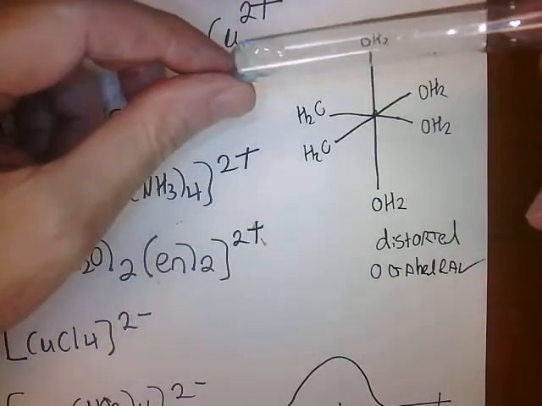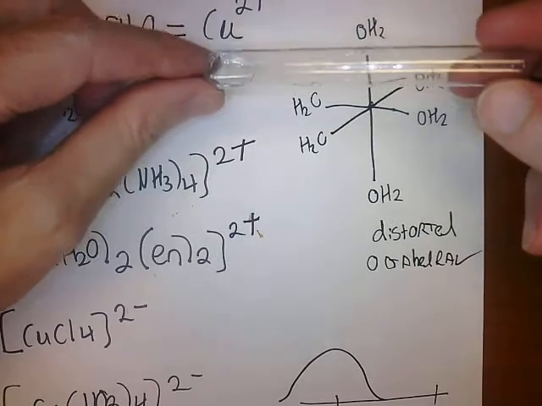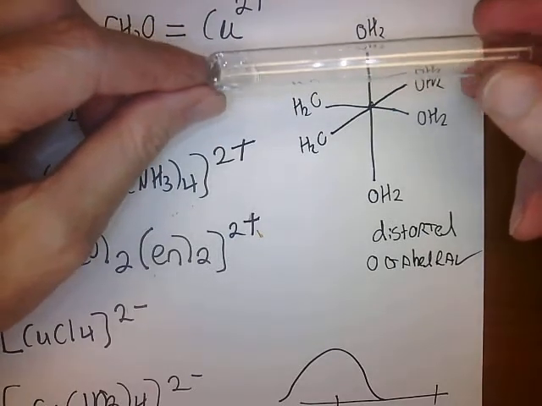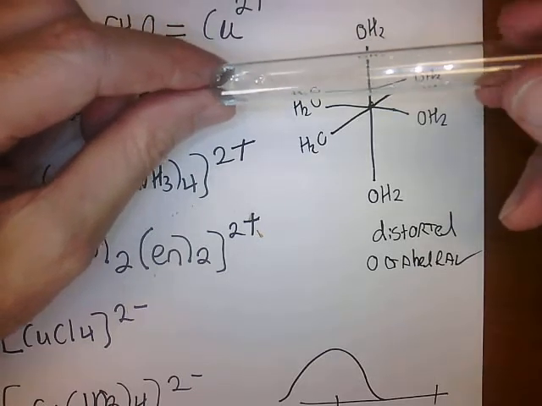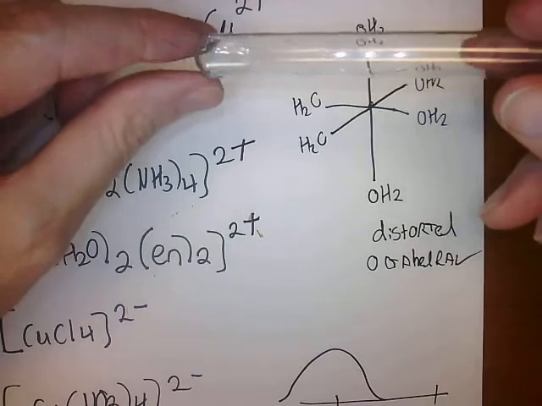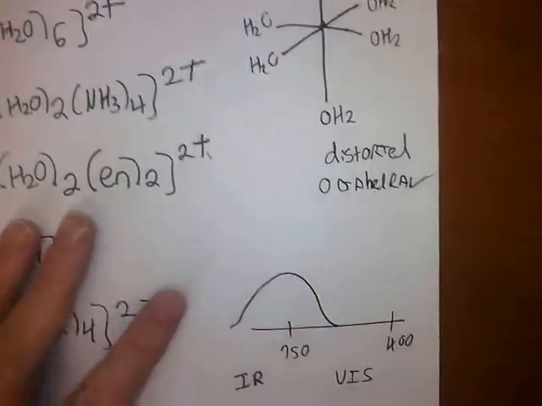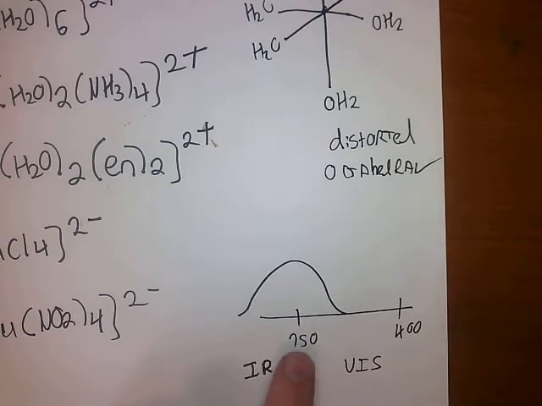Another thing is that the color of this is pretty pale compared to other complex ions. There's a reason for this, in that the center of the absorption is really on the tail end of the visible. So for example, your absorption spectrum probably looks something like this, an approximation.